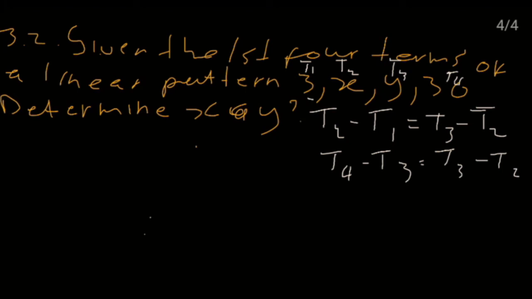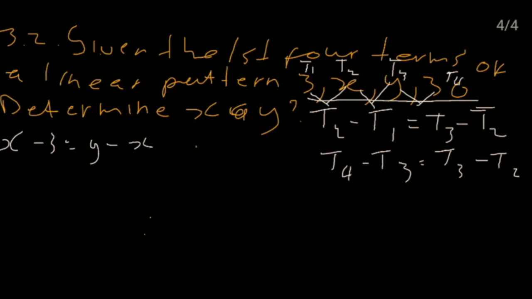Now in terms of this pattern that we are given, it means we are going to say this term minus this term, and this term minus this term. So let's go ahead and do that. So we are going to say x minus 3 equals y minus x, right?